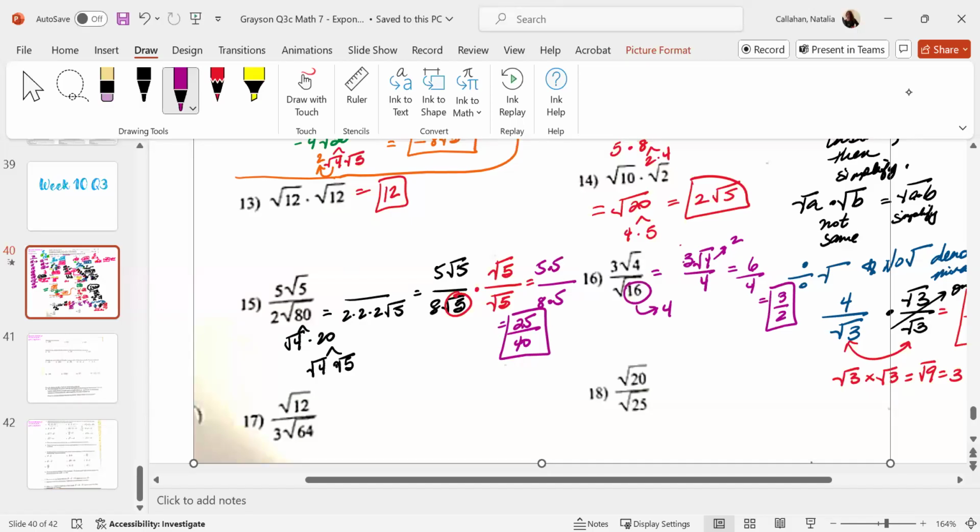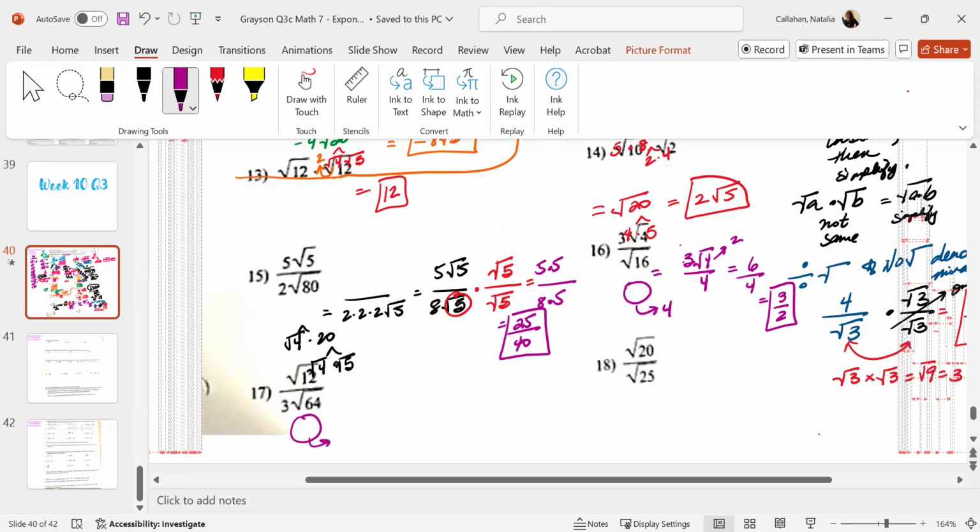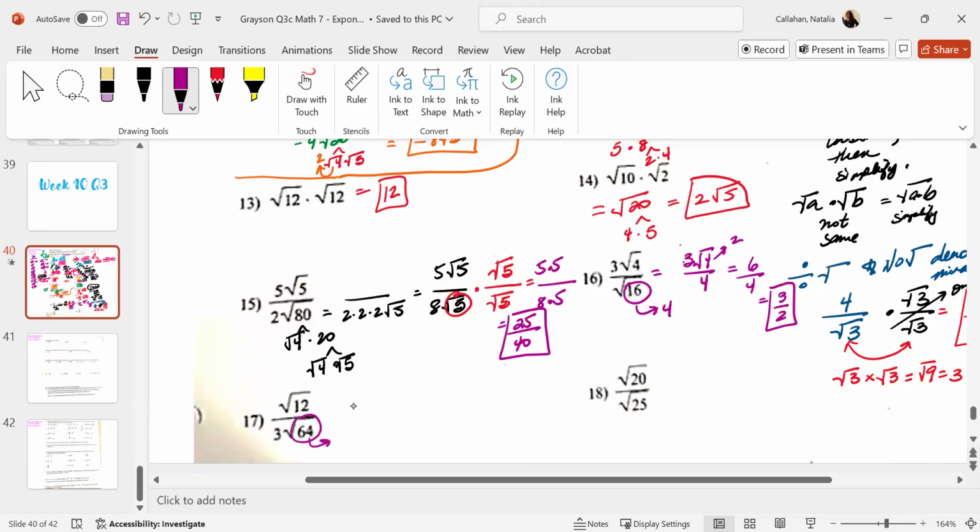Okay, so then let's go to number 17. Do you see how the square root of 64 is going to give you an 8? So 3 times 8 is going to give you a 24 on the bottom, right? Then you have the square root of 12. You could do this one on the side. That's 4 times 3, correct?